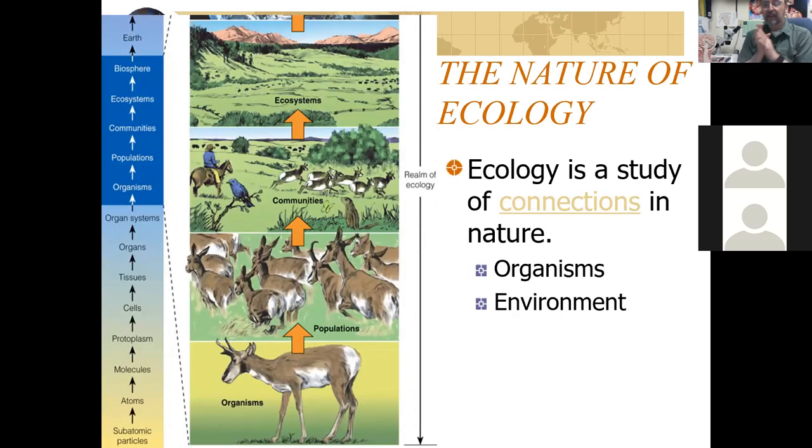Okay, then our last section was on ecology, the study of connections in nature, the relationship between organisms and other organisms and organisms in their environment. We can work at these different levels: individuals, populations, communities, ecosystems, or whole biomes.